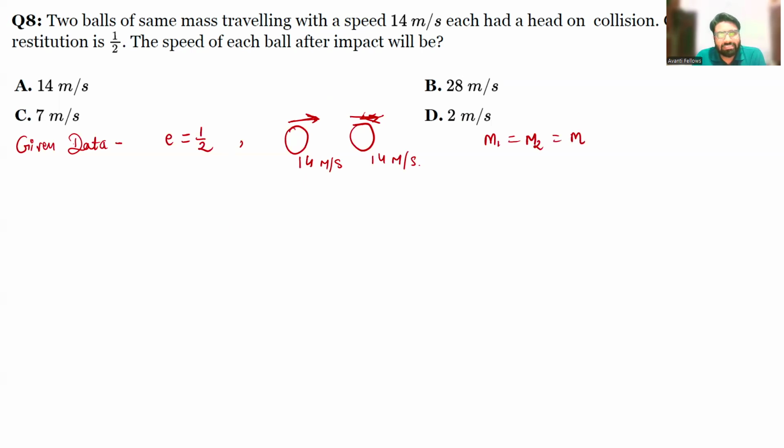Now it's asking for the speed of each ball after the impact. So it's very simple. We know the coefficient of restitution, and let me write it completely so that you will have a better understanding.